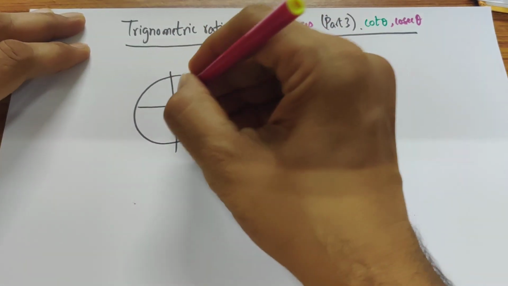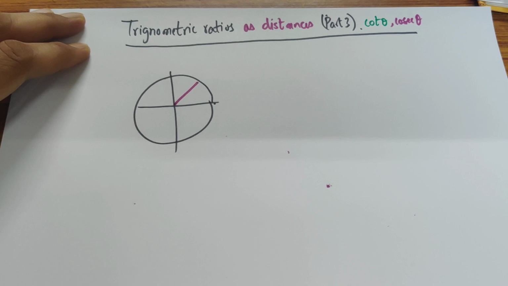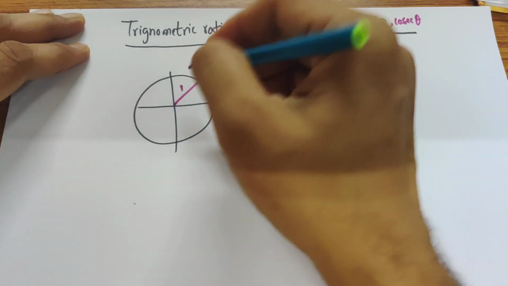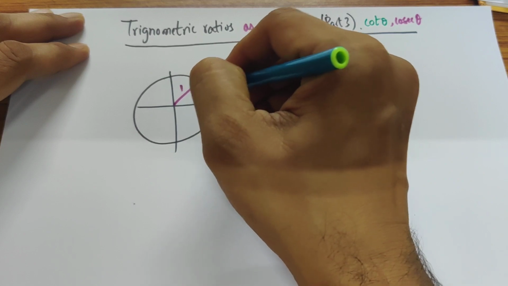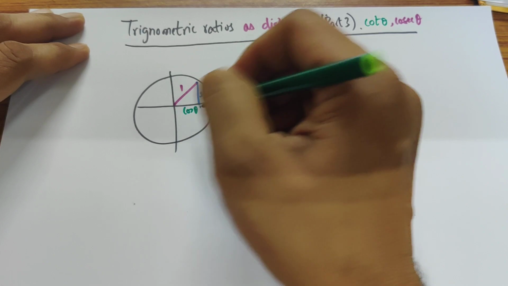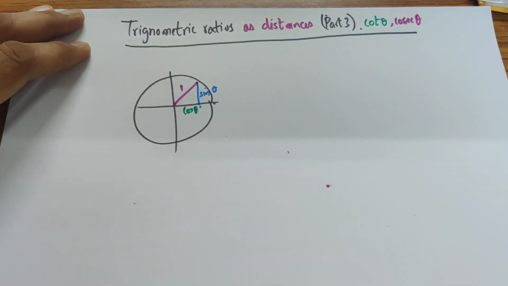We have the co-triangle, which is here. That is 1, and this is sine theta, and this is cos theta. So I need another triangle.